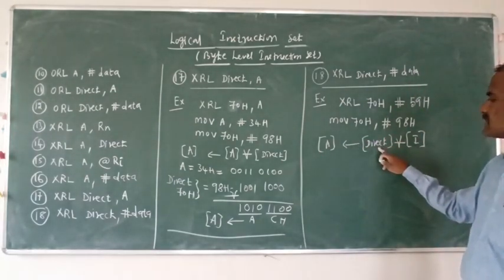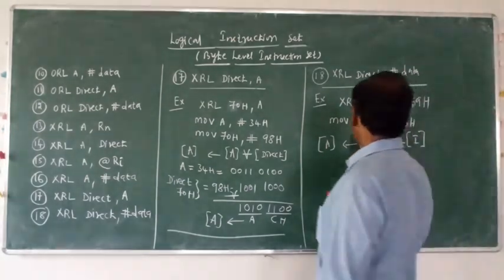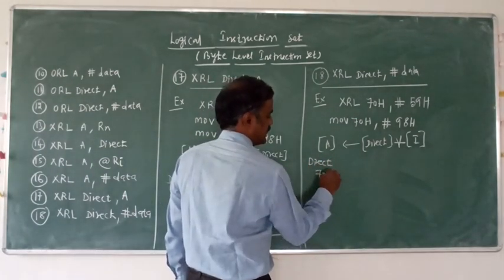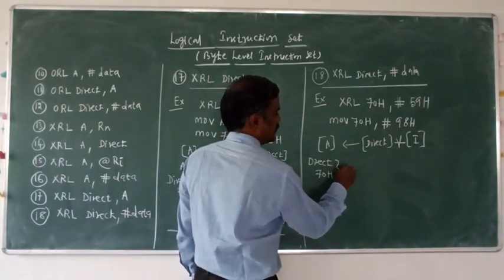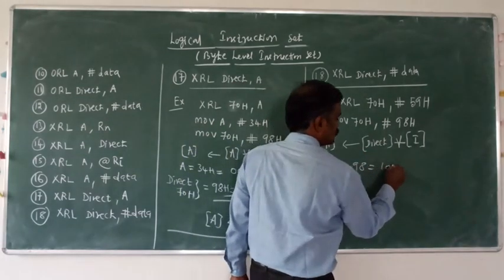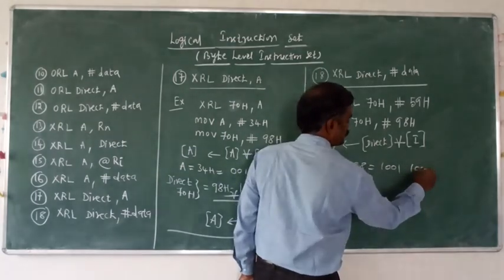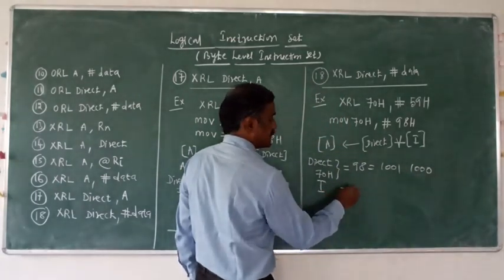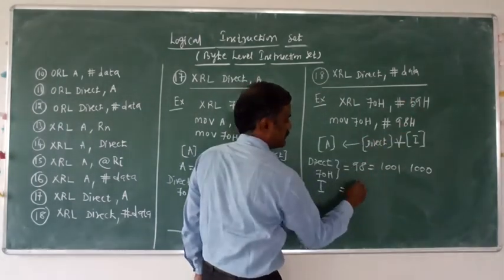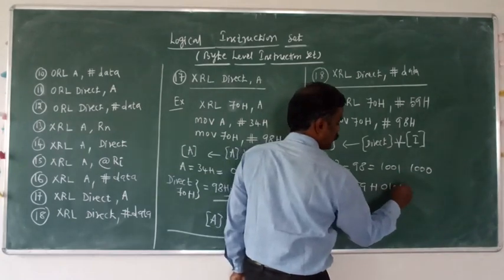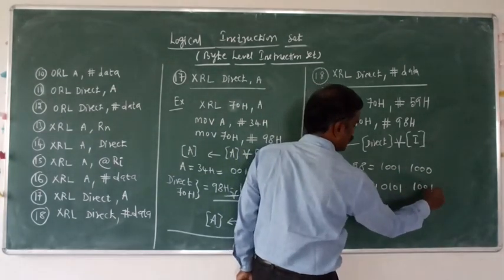Here the direct memory address location data is at 70H, and in this address location the data is 98. 98 means 1001, 8 means 1000, and the immediately given 8-bit data is 59H. Now 5 is 0101, 9 is 1001.